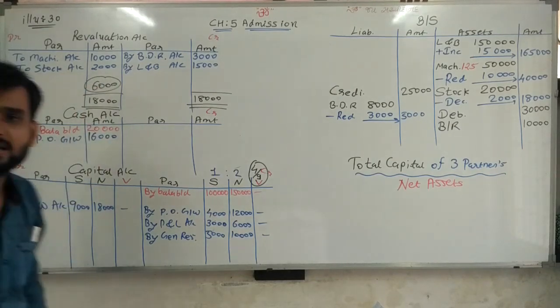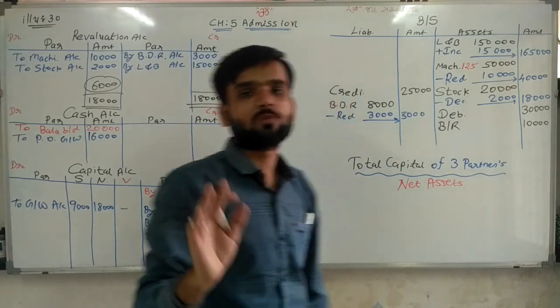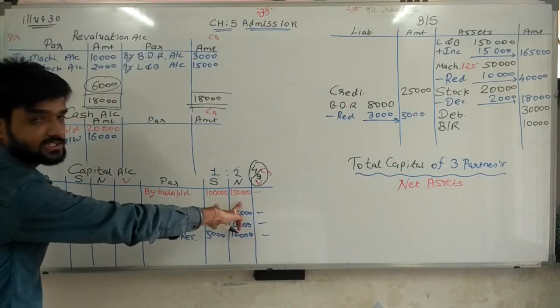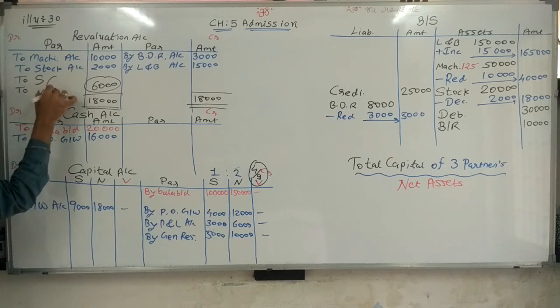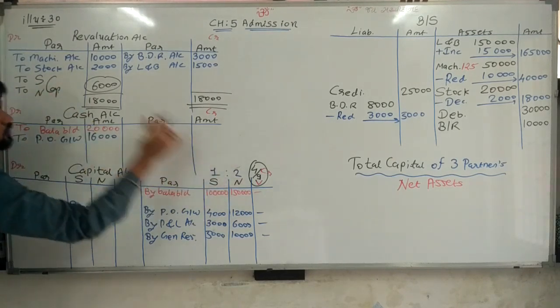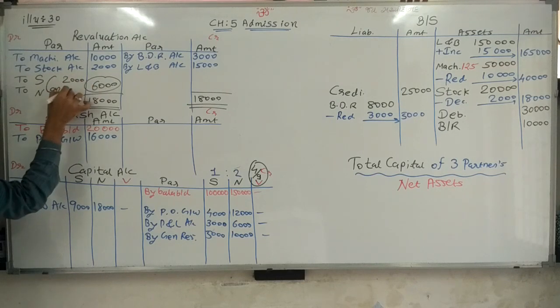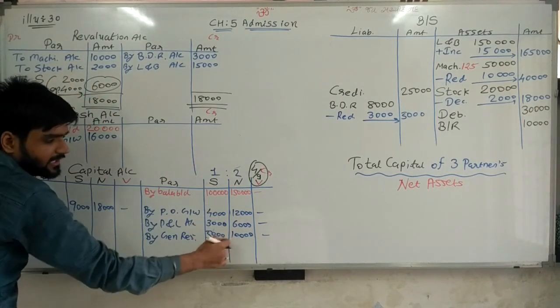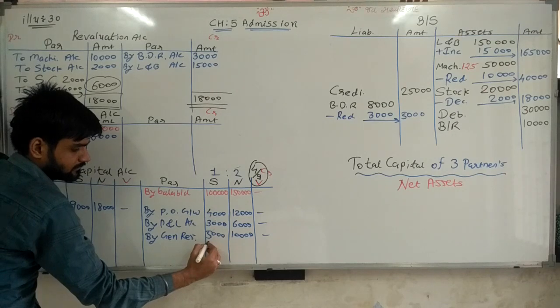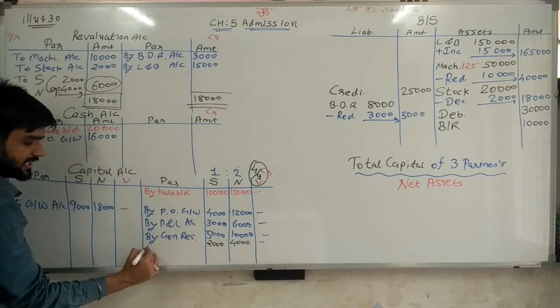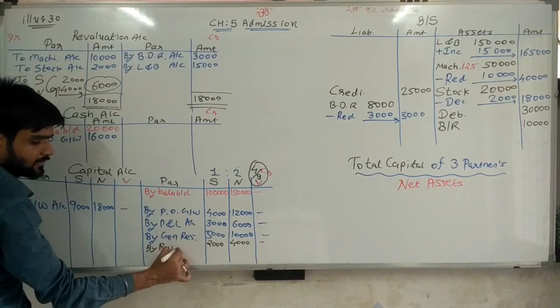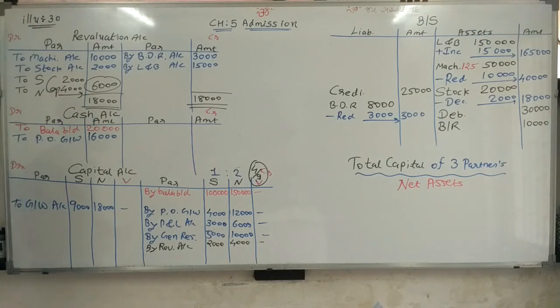So 6,000 is my revaluation profit, and that profit is distributed among partners in the ratio of 1:2. It means 2,000 and 4,000. This 2,000 and 4,000 we are distributing here in the capital accounts. So this revaluation account is closed.